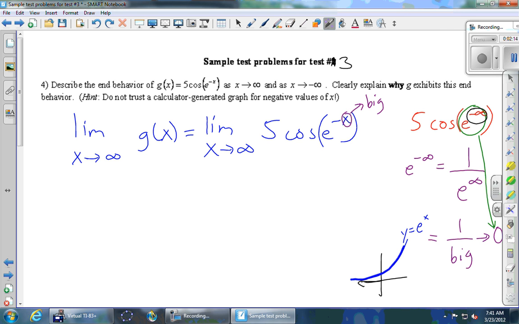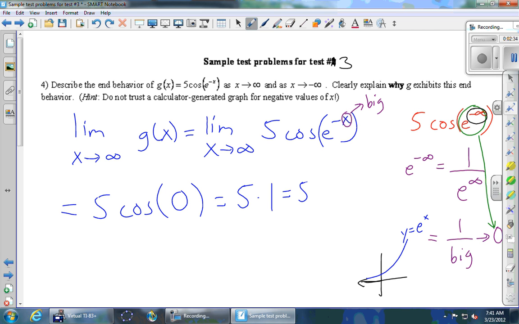You approach y equals 0, same as we saw before. Okay, so that means that this must equal 5 cosine, and we decided the thing in the parentheses goes to 0. And now the rest of this is straightforward. 5 cosine of 0 is 5 times 1, so the limit on the right-hand side must be 5.